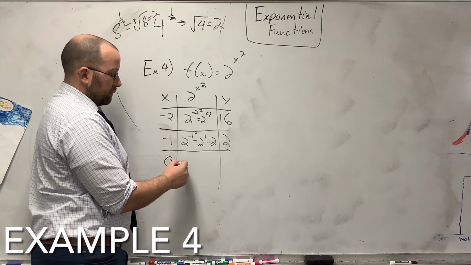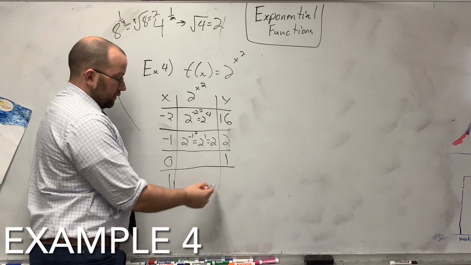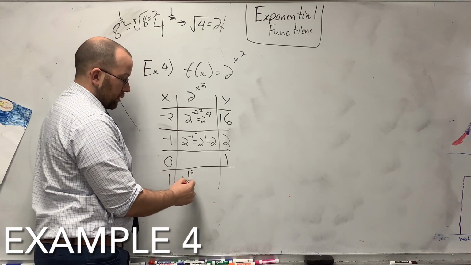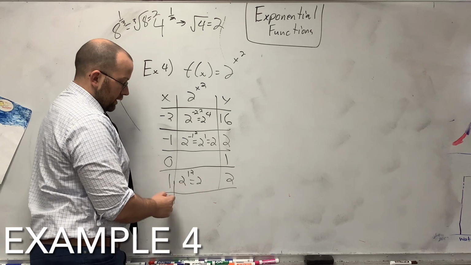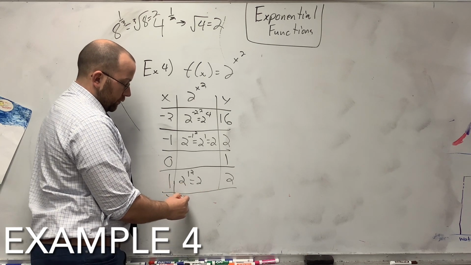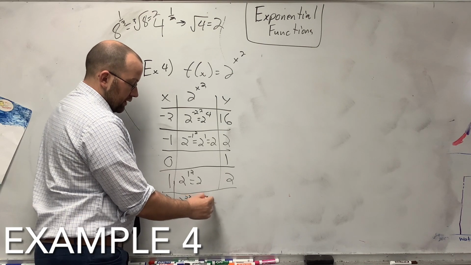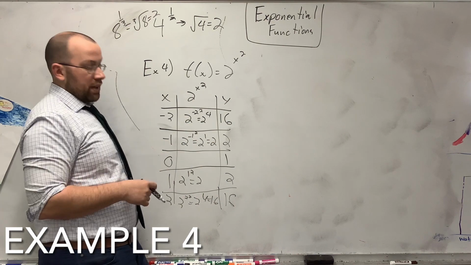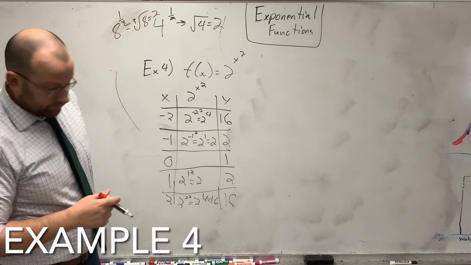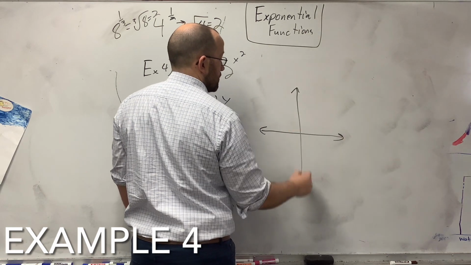0 will give me 1. 1, when I plug it in, I get 2 to the 1 squared, which is 2. And then 2 raised to the 2 squared gives me 2 to the 4th, which is 16. So if you notice, this is going to be in the shape of a parabola, because it has the same numbers.